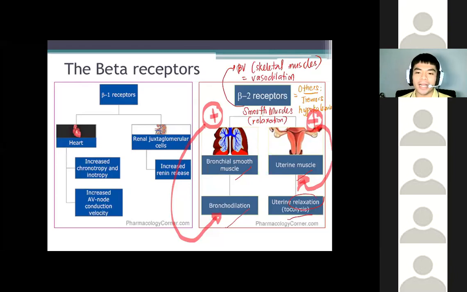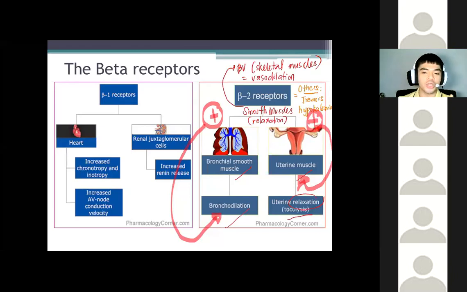Now, may mga pagkakataon na nagkakaroon ng premature contraction ang uterus ng babae. So kapag premature contraction, meaning hindi pa husto yung oras pero ini-indicate na i-deliver ang bata, which is abnormal. Hindi dapat. Kasi kapag hindi husto ang bilang ng buwan at na-deliver ang bata, premature yung baby, di ba?